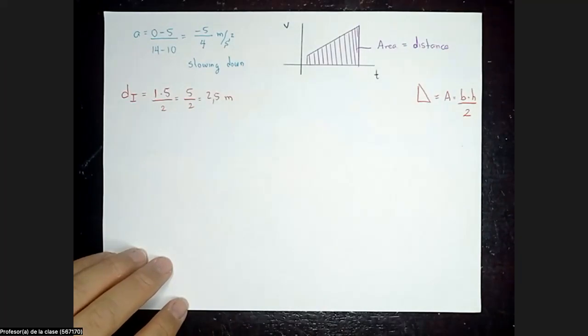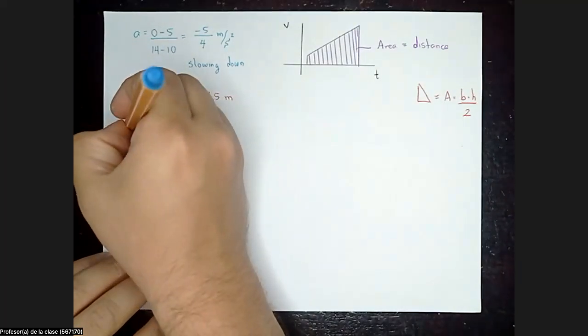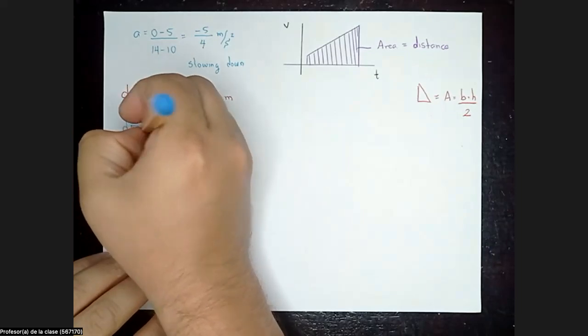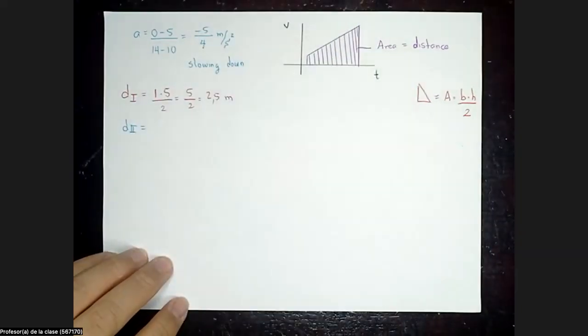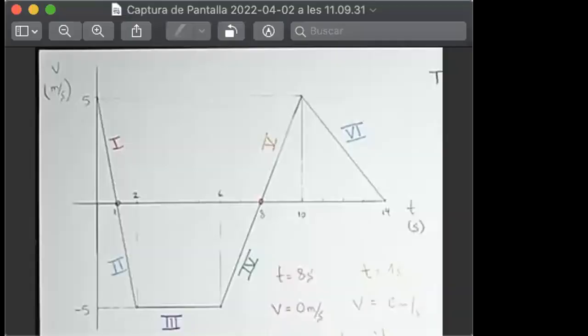The distance on the second interval. Let's look at the graph again. It is another triangle, and I refer to this triangle, base, height, this triangle here.